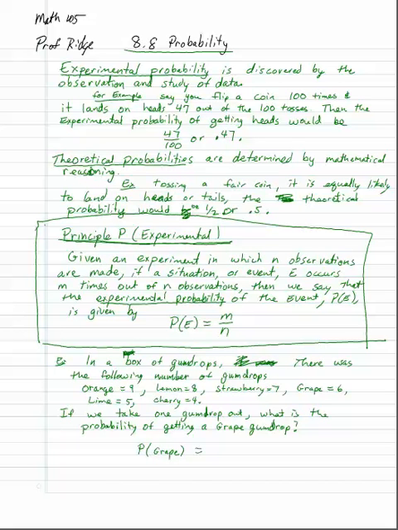The number of grapes was 6 divided by the total number, which is 9 plus 8 plus 7 plus 6, this is going to be my n, plus 5 plus 4, which is 39, and that reduces down to 2/13. So that's our experimental probability.